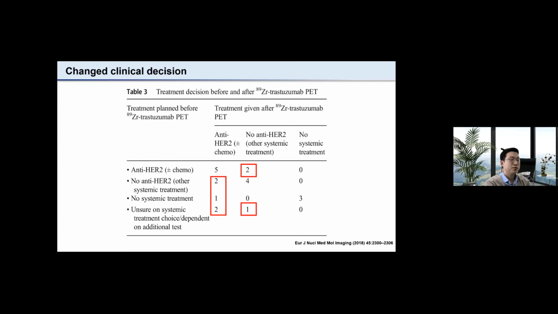But FDG PET cannot predict the response to specific treatment agents, whereas the HER2 PET can be used as a predictive biomarker, which means it can predict the specific treatment modality so that we can give a more appropriate treatment method to the right patients, which is in line with precision medicine.